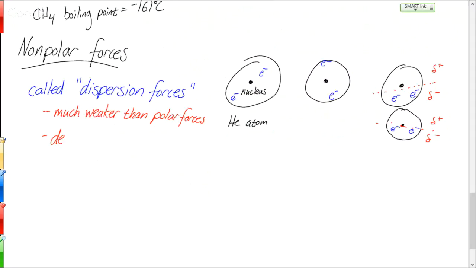Or here, we should say the strength depends on the molecule size, a little bit on the shape too, but we're not really going to get into that. The size will be enough for our purposes right now.